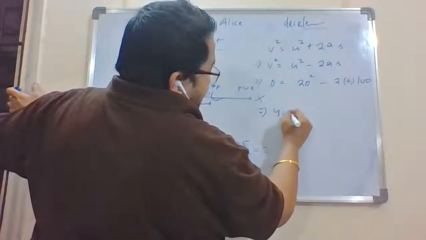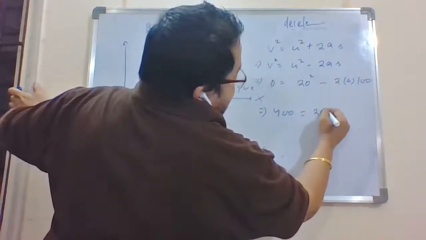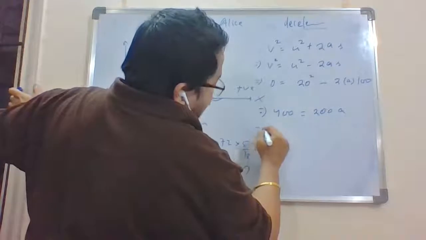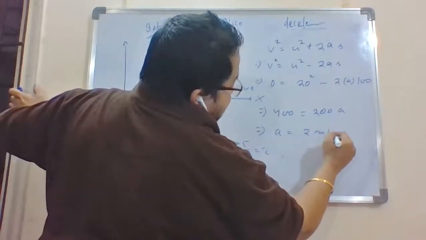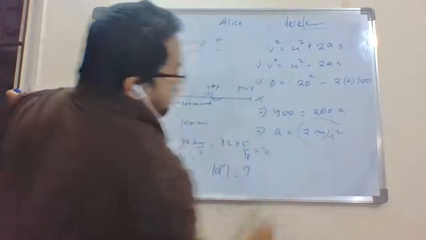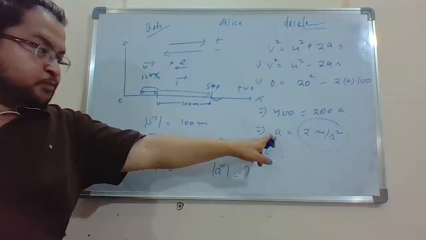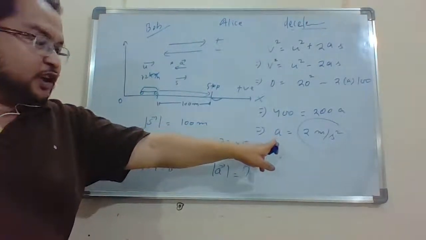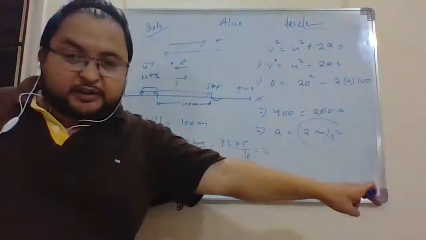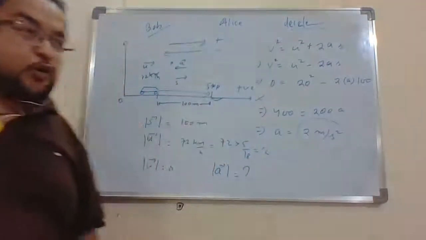So this is 400 equals 200 A, or A is nothing but 2 meter per second square. So if he applies a brake which can produce a deceleration of 2 meter per second square, then obviously he or she would not fall in the pothole.